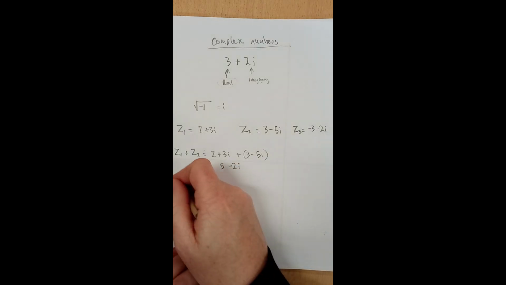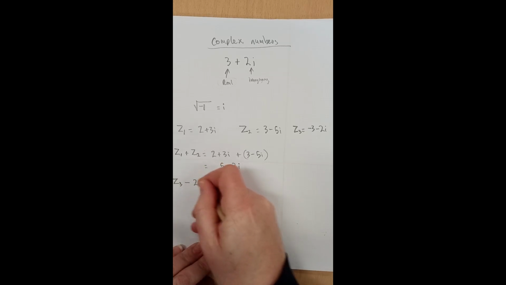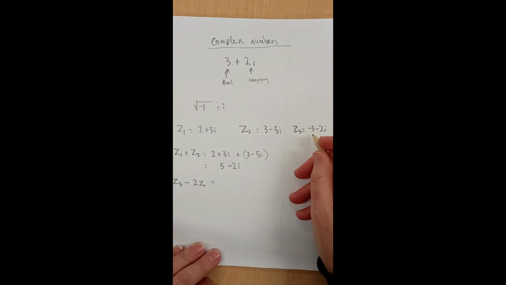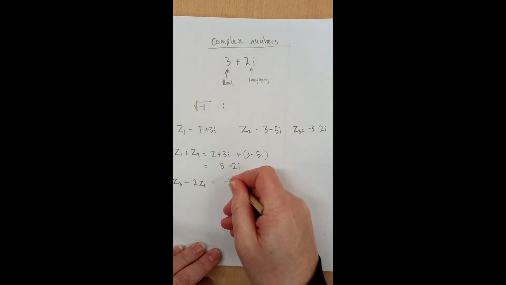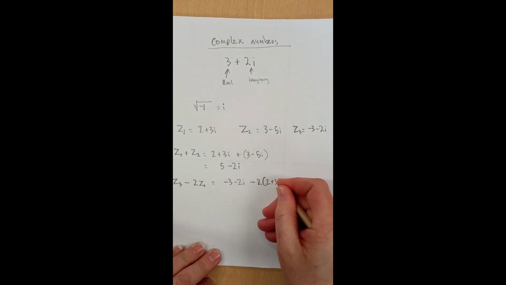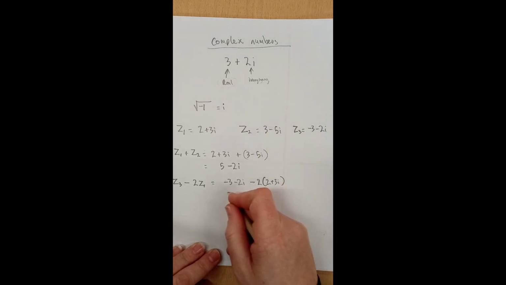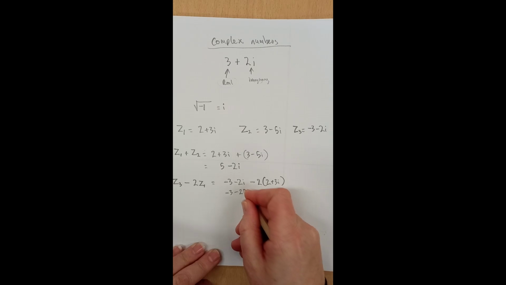Now I'm going to subtract them. Z3 - 2Z1. So let's see what happens here. What's Z3? Z3 is -3 - 2i, minus twice Z1, (2 + 3i). So I see a bracket here, so that has to be done first. So that's -3 - 2i.